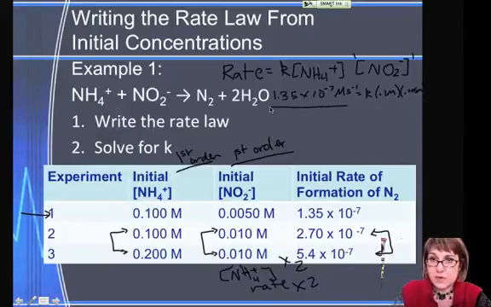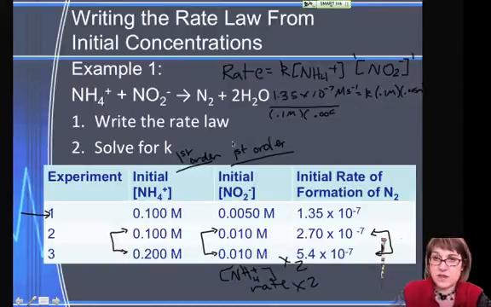So we'll divide both sides by the concentration of ammonium times the concentration of nitrate, and that was in moles per liter. Let me get that unit in there so you can see what happens to the units of k.